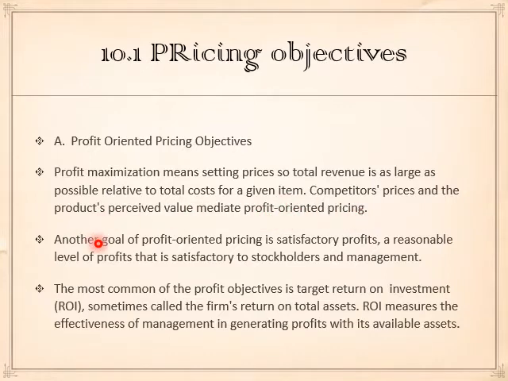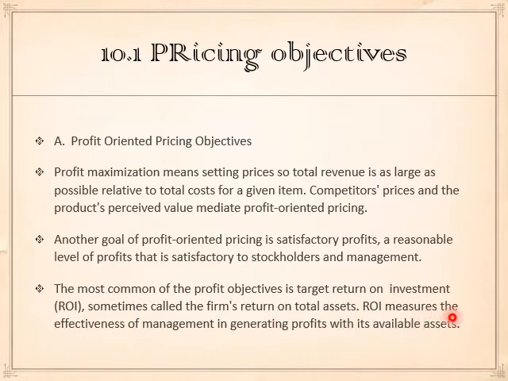Okay, so another goal of this profit-oriented pricing is a satisfactory profit, which is a reasonable level of profit that is satisfactory to the stockholders and also to the management. And there is a most common profit objective, which is the ROI, return on investment. Sometimes it is called the firm's return on total assets.